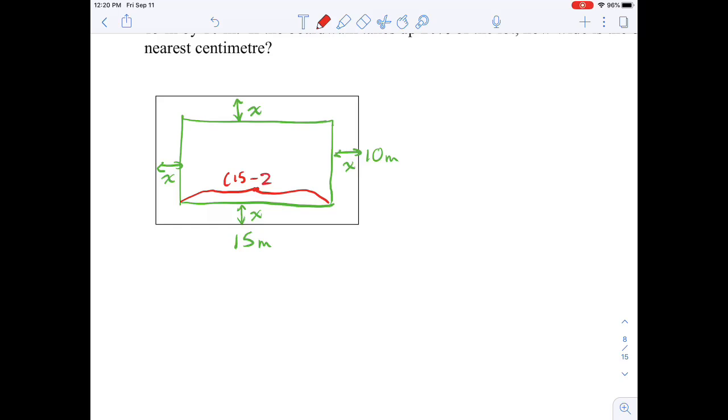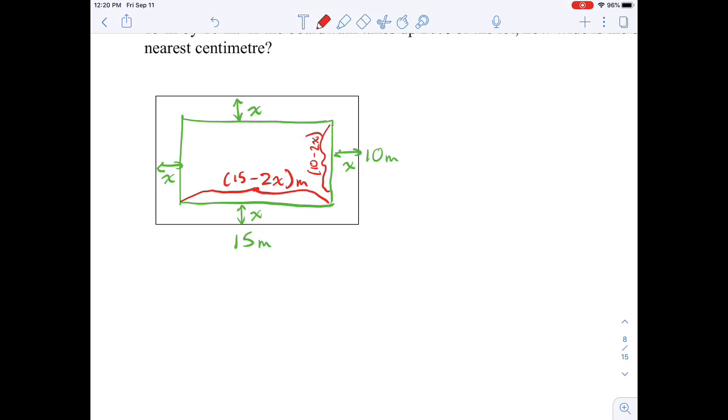So we haven't just taken away x meters, we've taken away 2 copies of x. That's how many values of x we've taken away. So it's 2 x's being taken away in that case, and that's how many meters are left over. And a similar thing happens with this dimension here. It started as 10, but we take away an x from each side, so we take away 2x.